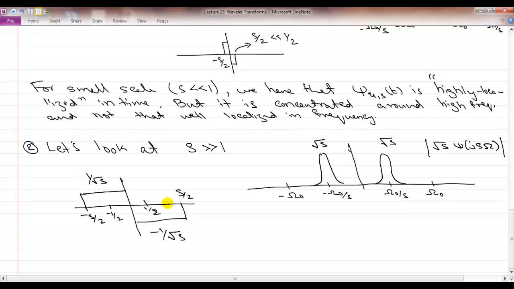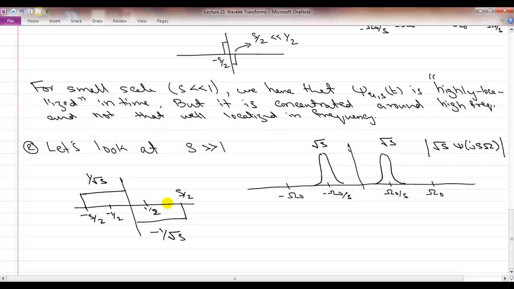Now, I want to also point out that if you want to get closer and closer to low frequencies, in the limit as S goes to infinity, your omega naught over S goes to 0.